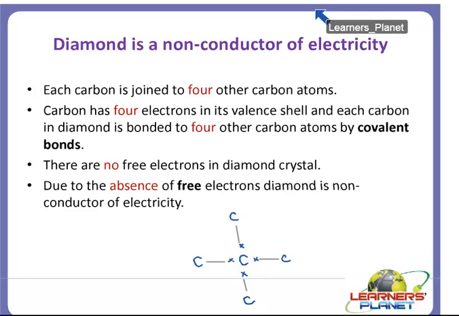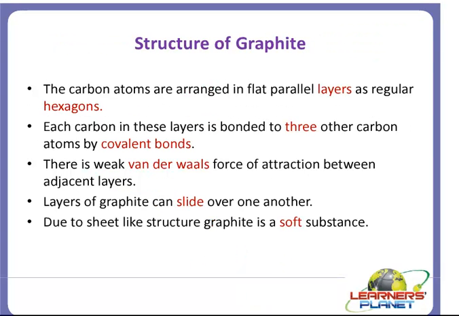Now let's take up its another allotrope, that is graphite. Now in graphite, children, what happens? I told you that in allotropes, the physical properties are different, but the chemical properties remain the same. If you burn diamond at a very high temperature, the product you will get is carbon dioxide. If you burn graphite, the product you'll get is carbon dioxide.